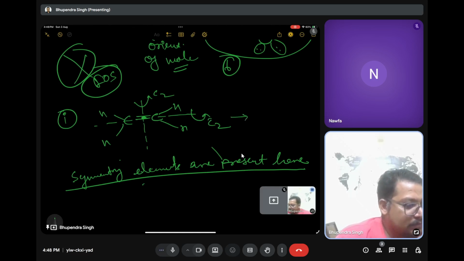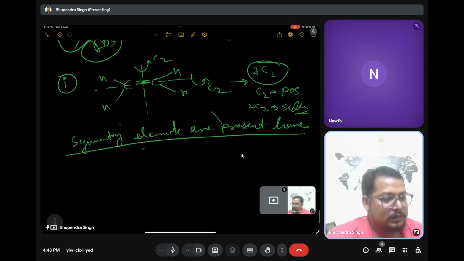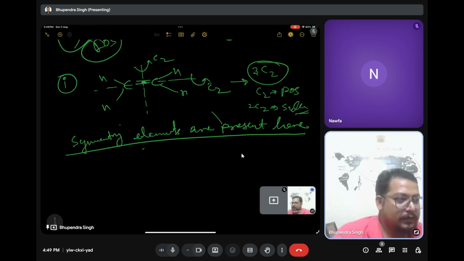So three C2s are present, and no other axis of symmetry is present. So C2 is your principal axis, and the two other C2s will be your subsidiary axes. Now these are the axes of symmetry.